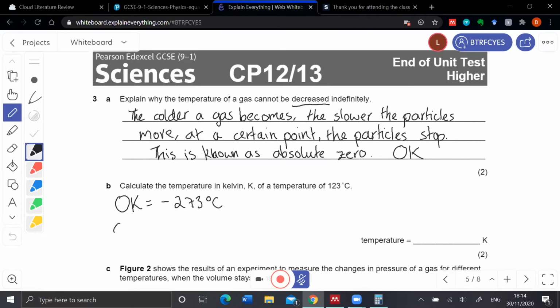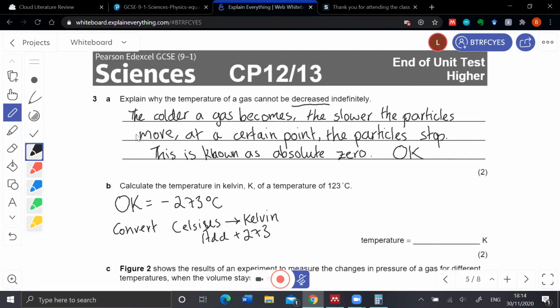To convert from Celsius to Kelvin, it's very easy: you just add on 273. You get used to it. It seems weird at first, but it's actually very simple. We just write Kelvin like that, not degrees Kelvin.